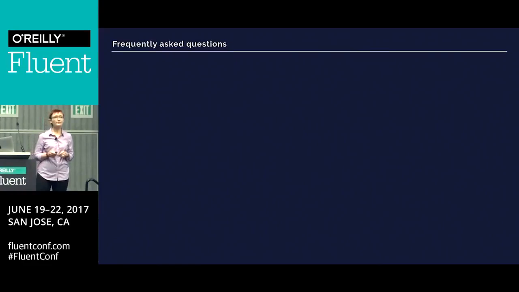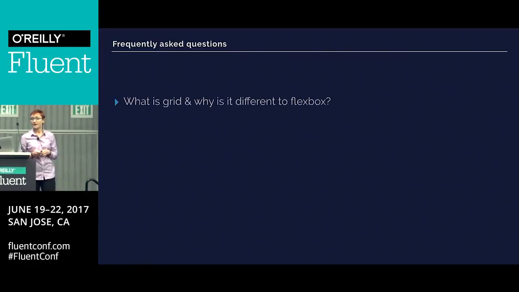So in this talk, I wanted to cover a bunch of stuff, and really the frequently asked questions I get about using grid and using grid in new browsers and how we can start to use it and other new features. And I wanted to very quickly just talk a little bit about what grid is, in case you haven't really explored the spec yet, and why it's different to Flexbox, because people keep asking me this.